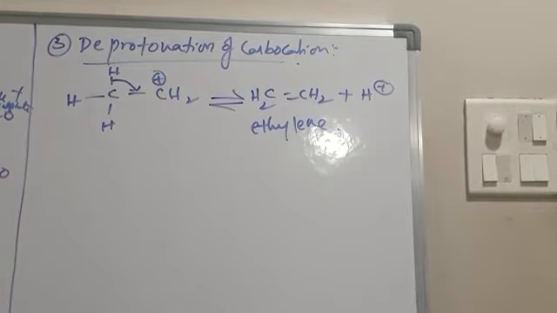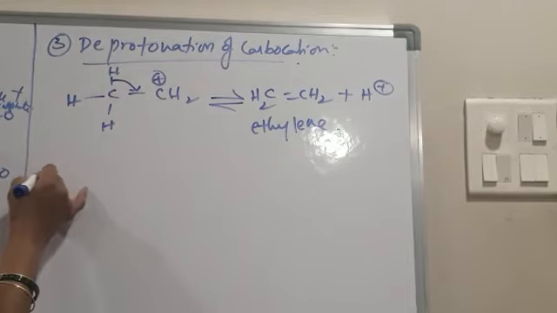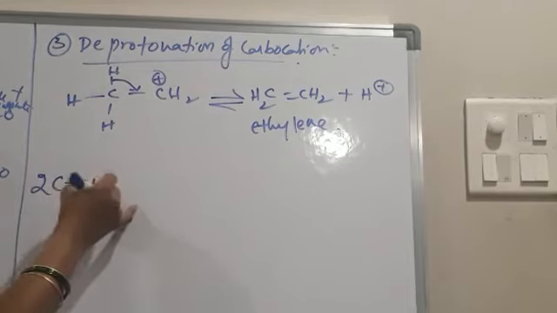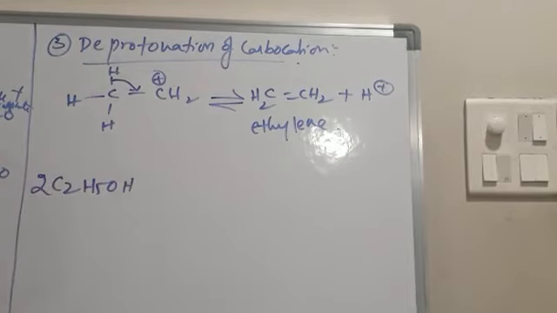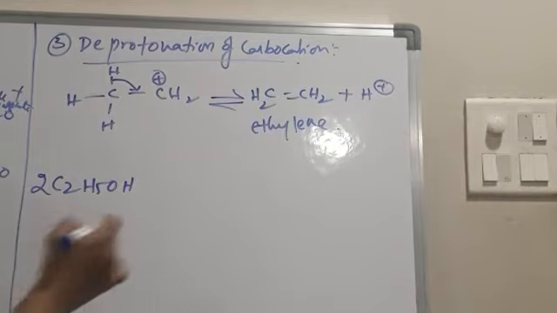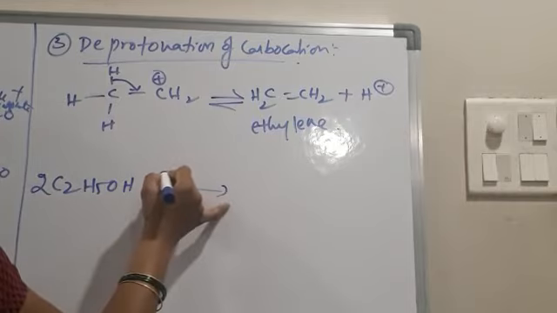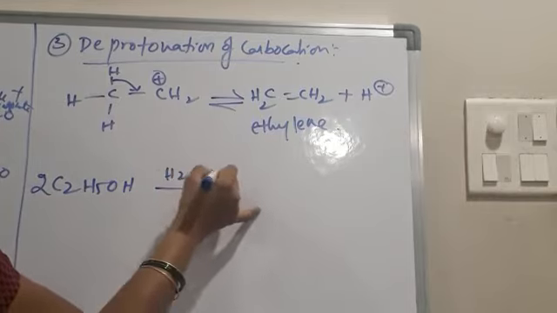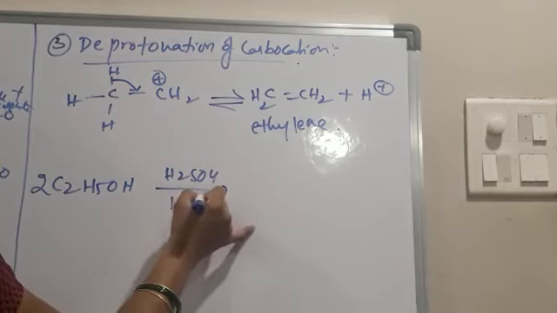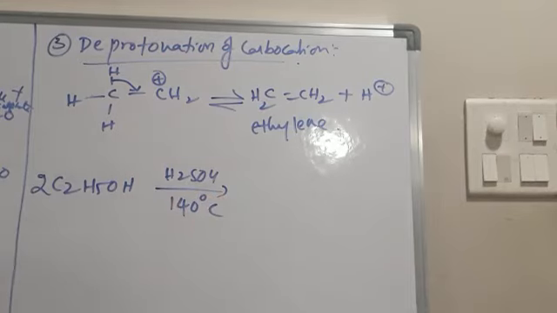Next, formation of ether in dehydration reaction. Here ethyl alcohol undergoes dehydration in presence of concentrated sulfuric acid at 140 degrees centigrade.